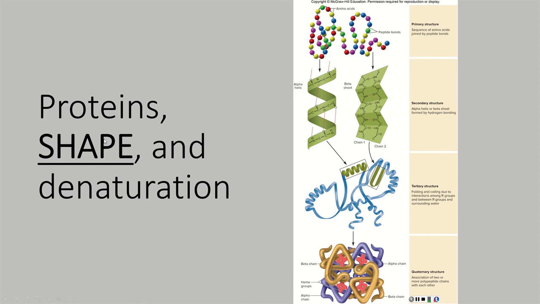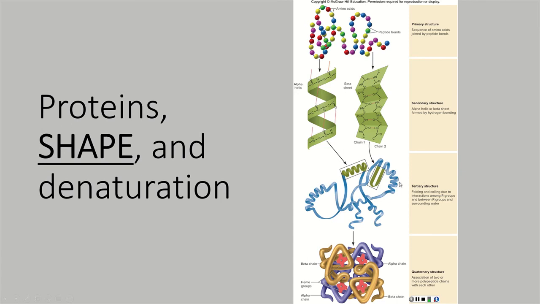And if you add anything to this shape, or if you take anything away from this shape, it's going to change its shape, and it's going to change its properties. Proteins are all about shape, and its shape is what allows it to have the properties to do its job. That is going to come back all of Bio 137 and all of Bio 139. Proteins are all about shape.